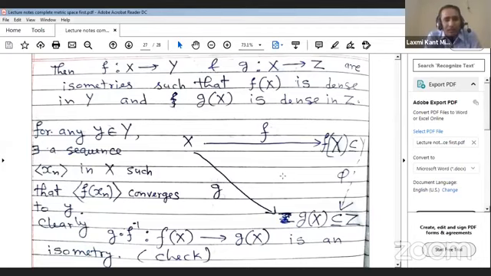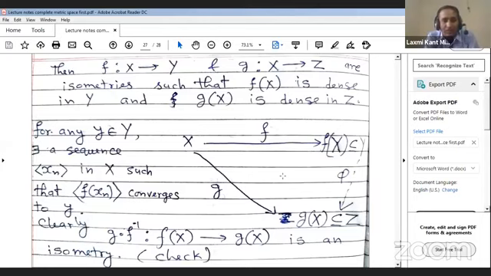Now we can easily check that f inverse composed with g is a map from f(X) to g(X), and it is a composition of two bijective isometries. Why is it a composition of two bijective isometries?